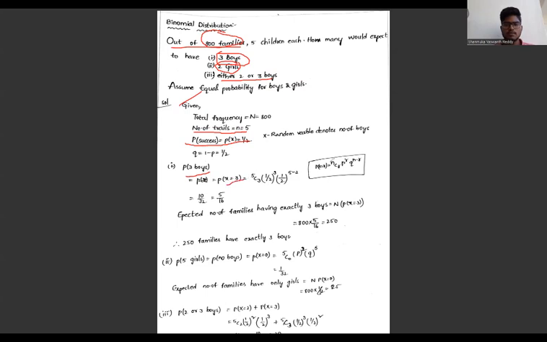From the formula nCr p power r q power n minus r, just plugging in the values, we get 5 by 16 as the probability for 3 boys. That is the probability for one family, but we are expected to calculate for 800 families. So the number of families having 3 boys is 250.